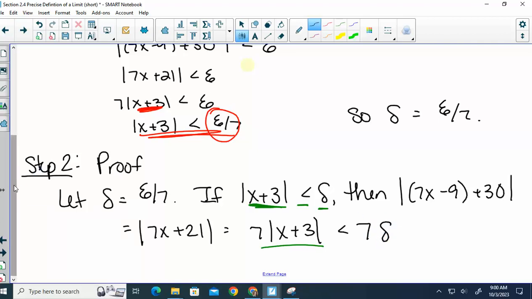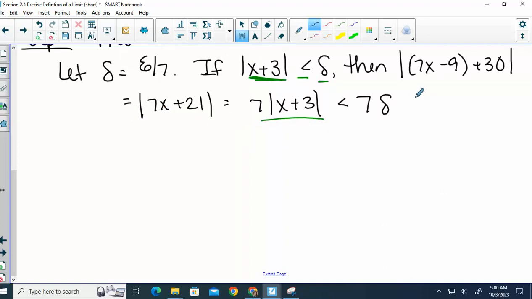So I got my less than. Now all we need is the epsilon. But we know delta is equal to epsilon over 7. So we're going to plug that in. So this is 7 times epsilon over 7, which is epsilon. So I got the less than, I got the epsilon, I am done.